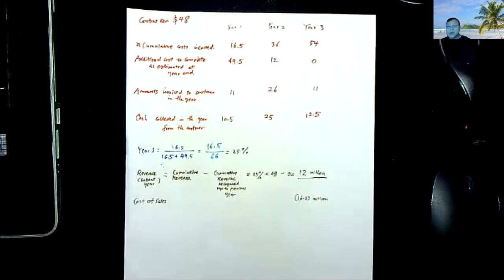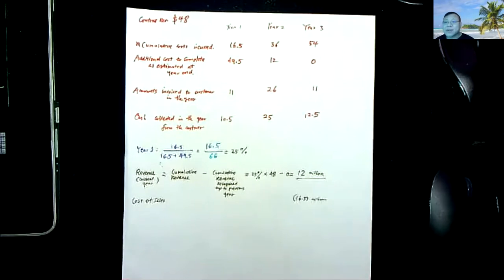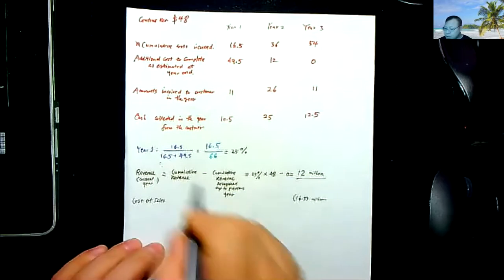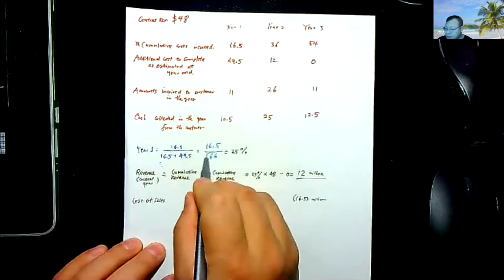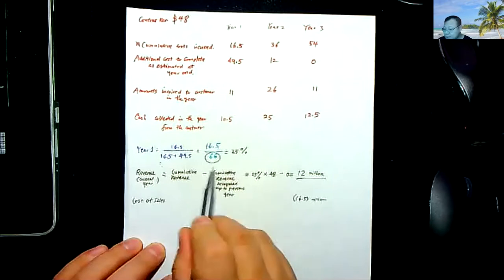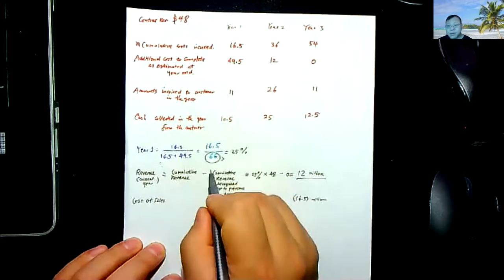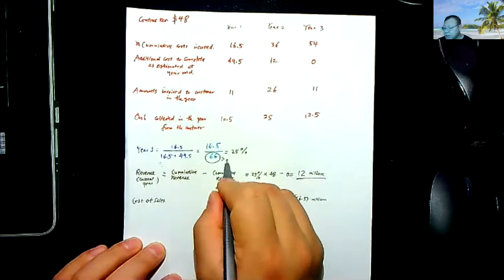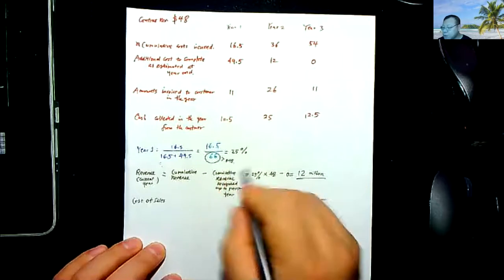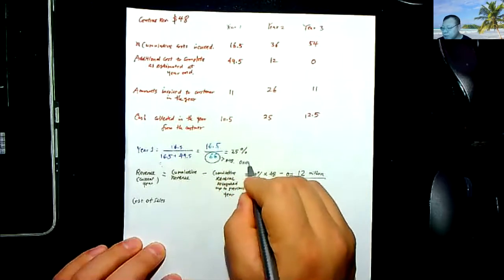Remember, we also have to assess whether this is an onerous contract based on the year one information. The total estimated cost is 66 million for the project. This is more than the contract price of 48 million, so we know this is an onerous contract.